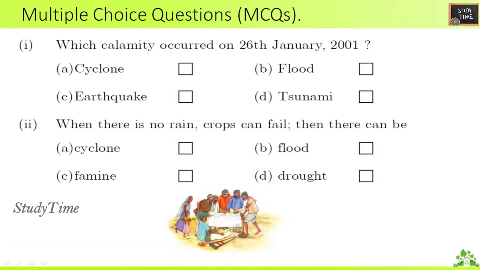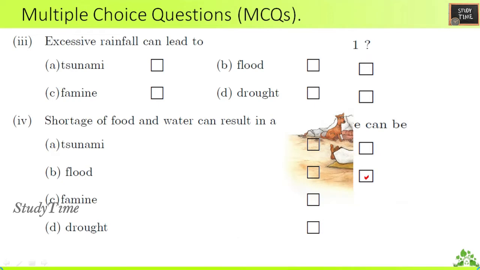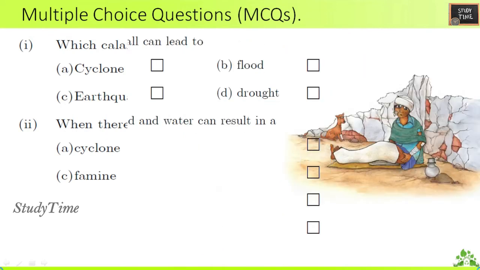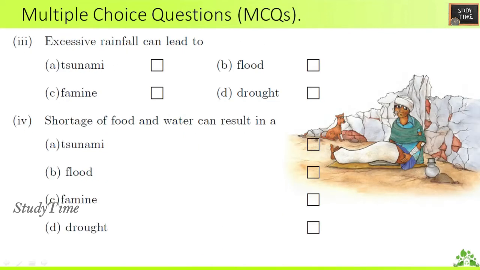Next, multiple choice questions. First question, which calamity occurred on 26 January 2001? It is the Bhuj earthquake. Second question, when there is no rain, crops can fail. The answer is drought. Third question, excessive rainfall can lead to tsunami, famine, flood, drought.